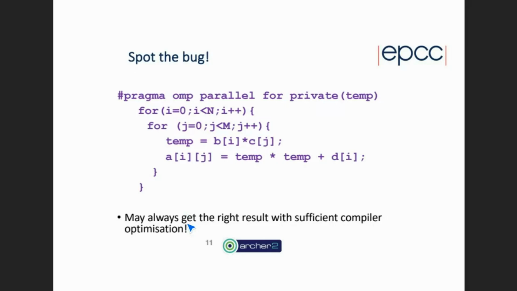Temp might be just stored in a register, so the compiler may decide there's no need to ever load and store it into memory. And so you get a private copy by accident, because every thread has its own copy of temp in a register. And same with loop iterators.